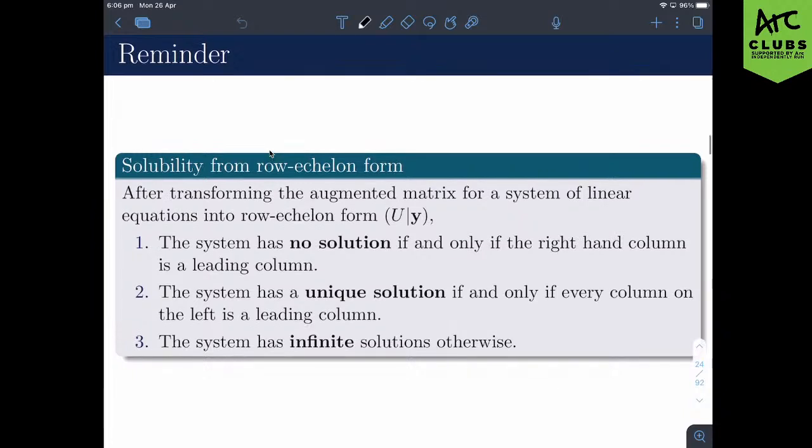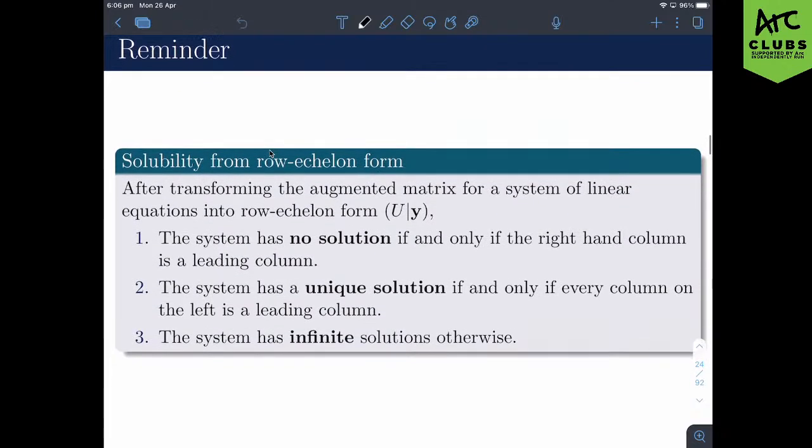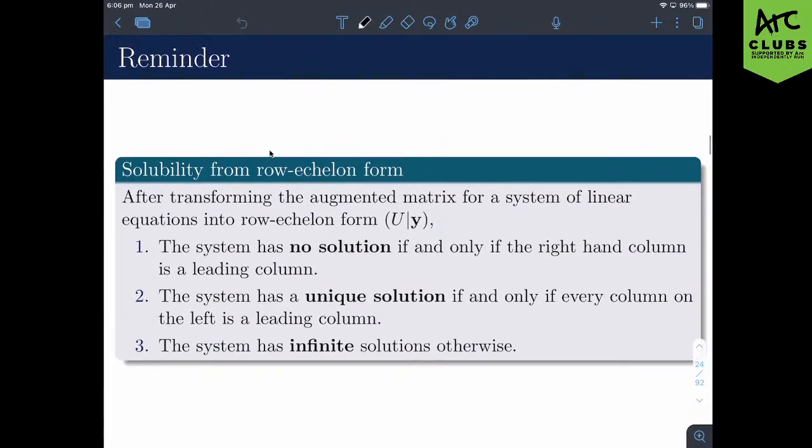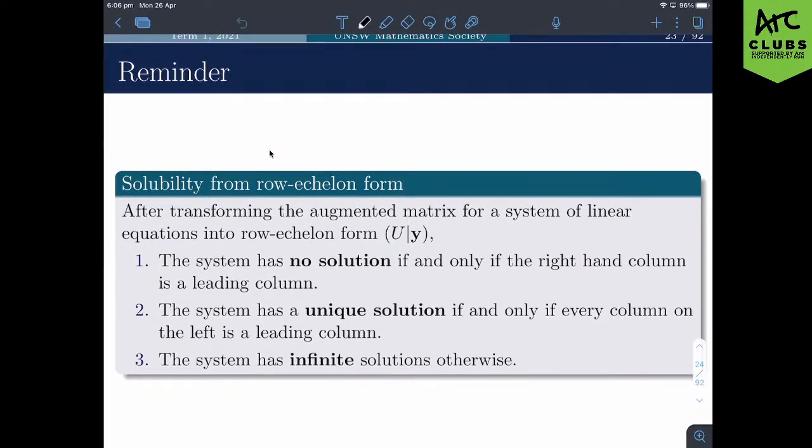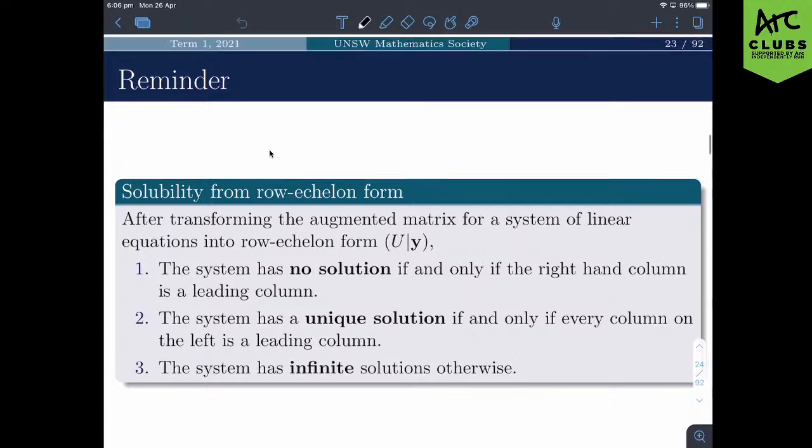Firstly, how do you determine if the system has no solutions? Well, if the right-hand column of the augmented matrix representing the set of linear equations is a leading column, then there's no solution.